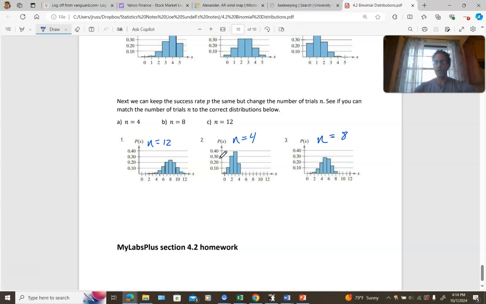And so there's a theorem that says that if p is exactly 0.5 and you let the number of trials approach infinity, then you'll actually get what we refer to as a normal distribution, a perfect bell curve, okay, not just an approximation.